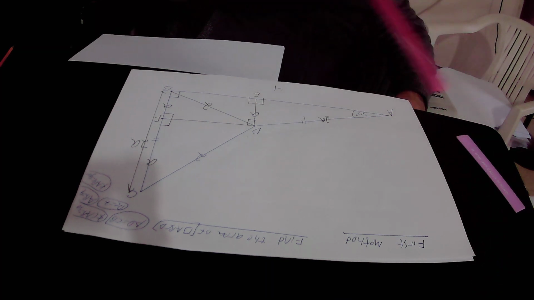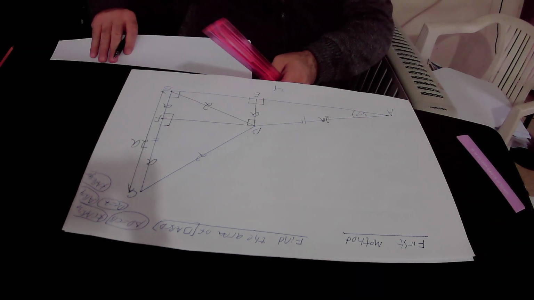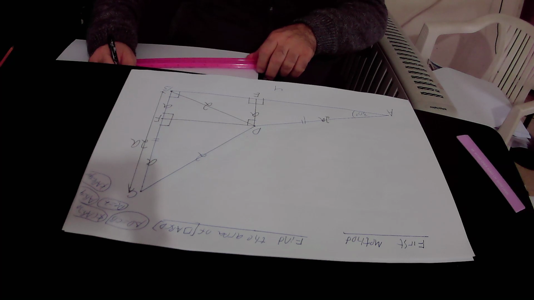So triangle ADB is actually this triangle.